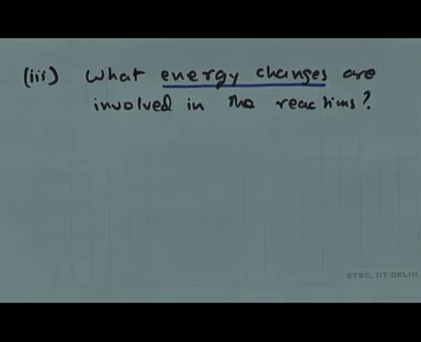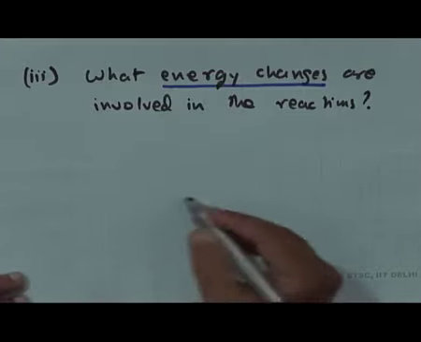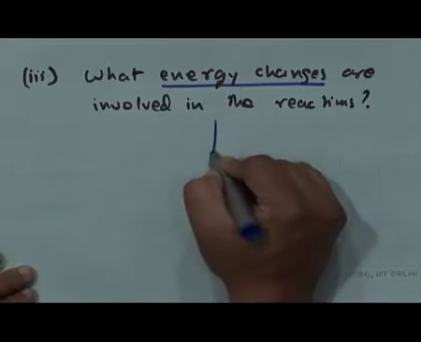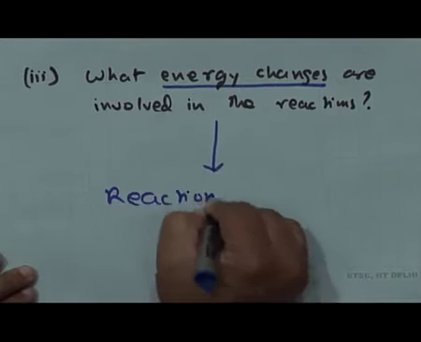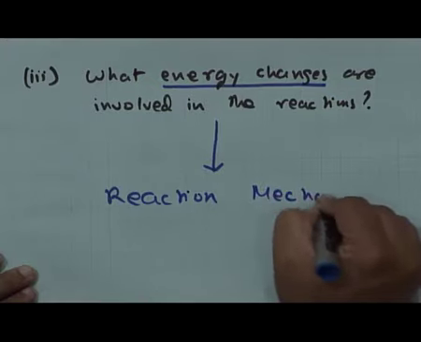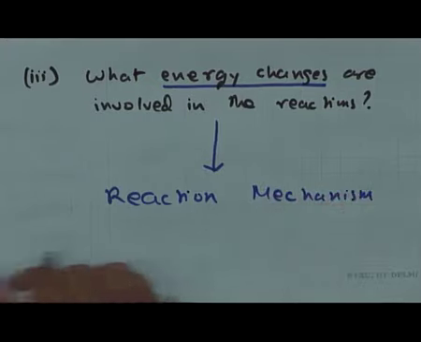One, whether it is single step or multiple step. Two, which bonds are going to break, which bonds are going to form, and will the bond breaking and bond formation take place simultaneously? Three, what are the energy changes involved as the reaction progresses towards the product side? All these can be summed up in what we call the reaction mechanism.